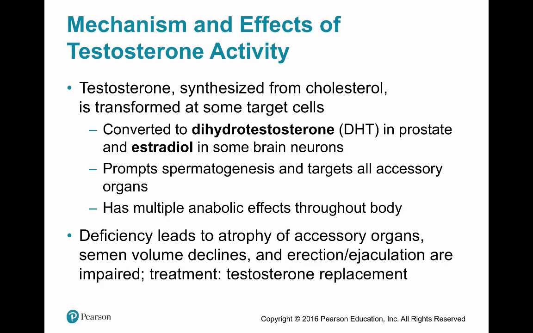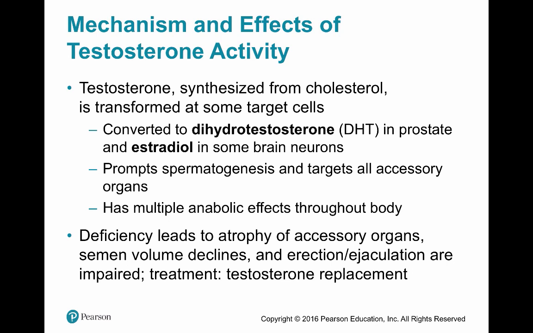Basically, testosterone comes from cholesterol. It looks very, very similar to it. So cholesterol is used to form both testosterone and estrogen, obviously the two main sex hormones in male and female.